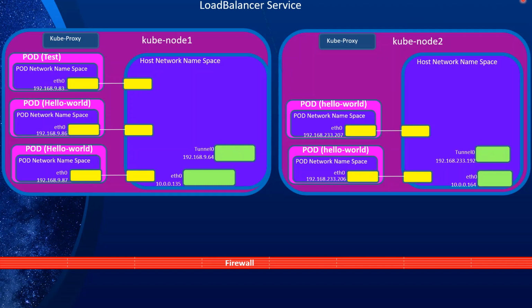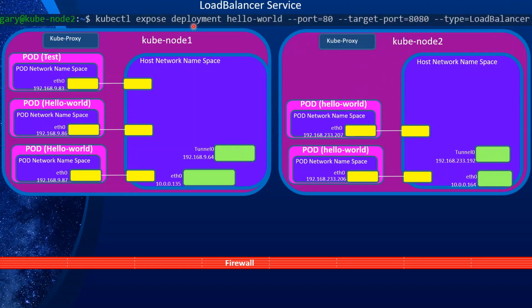The command for that is exactly the same as before. That is, to specify the name of the deployment, the port that the service is listening on, the port number of the application that is listening inside the pod, and instead we just say load balancer as the type.